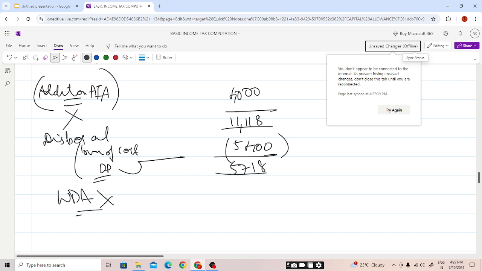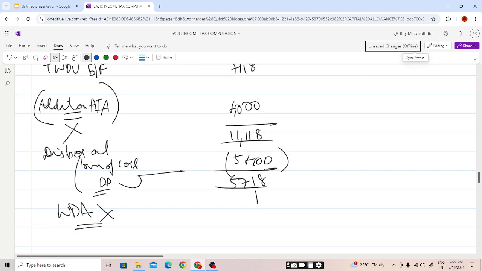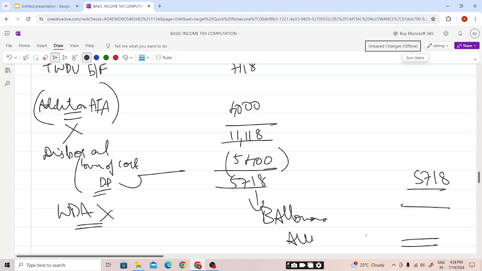No, students, as we have closed our business, so this will be treated as a balancing allowance. So under the allowance column, 5,780 will be your total allowance. I hope this is clear. If we had a negative figure, it would be a balancing charge, and this would have been added to the accounting profit to arrive at the tax adjusted trading profit.